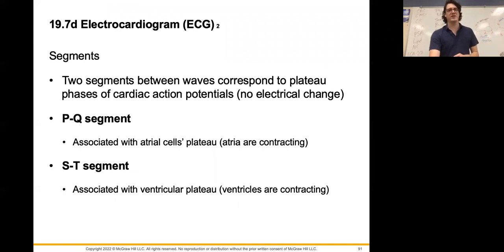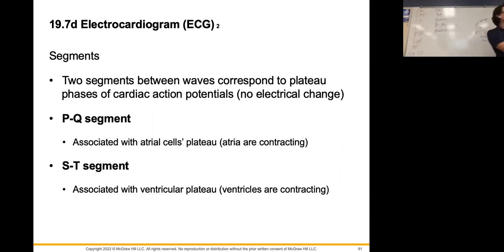Now, importantly here, we basically have what we're going to call two segments. These are basically like little gaps or like a little plateau. Okay. This is basically while we're waiting for cardiac action potentials, that's to say the contraction is what's going to be occurring in these little segments. The segment between P and the QRS is going to be while the atria are contracting.